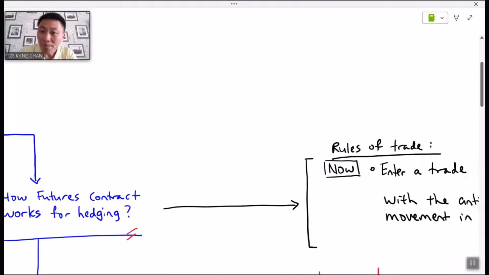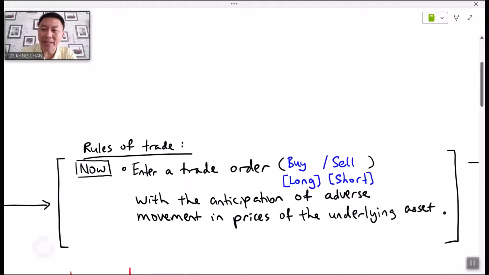In the earlier video, these are the basic rules for the trades on using futures contracts: creating an account, going into the trading with the help and assistance of the broker to enter a trade order, either to buy, in other words long, or to sell, in other words short, on the futures contract with the anticipation of the adverse movement in the prices of the underlying assets.